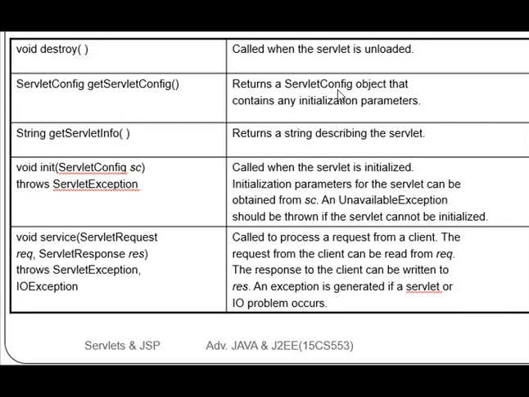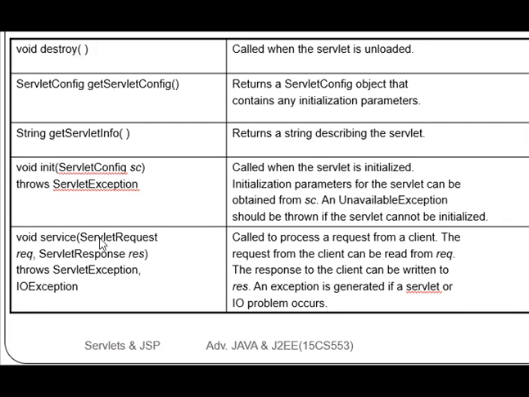Then getServletInfo returns a string that describes the servlet. Then void init(ServletConfig). Init means initialization. It is called when a servlet is initialized. The initialization parameters for the servlet will be passed as a config object. It is capable of throwing ServletException, so when it is unavailable, it will throw this particular exception.